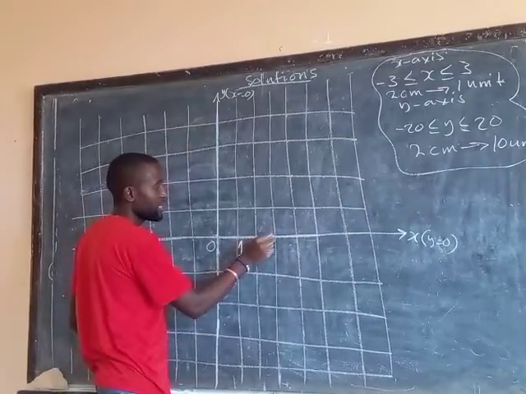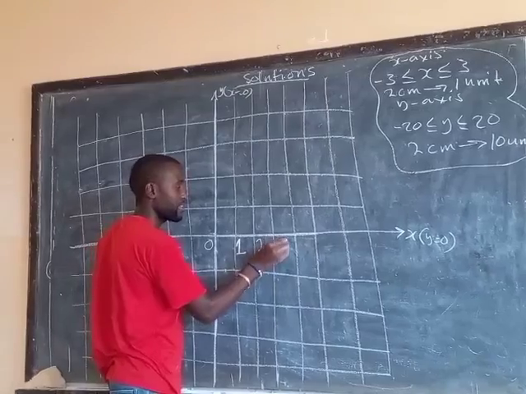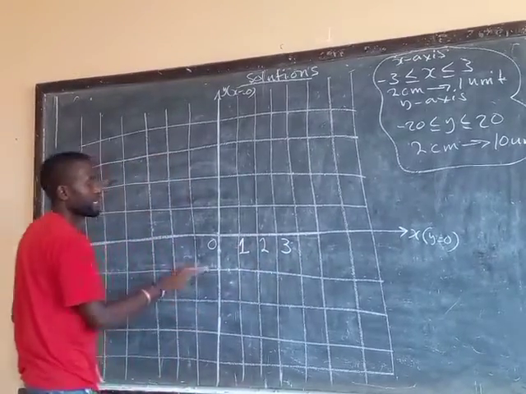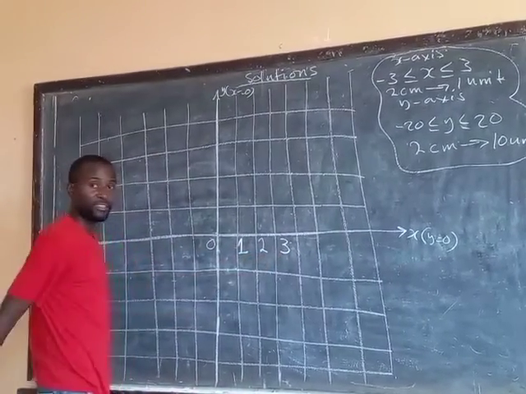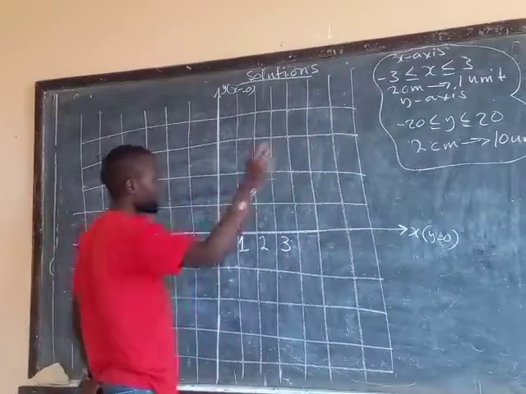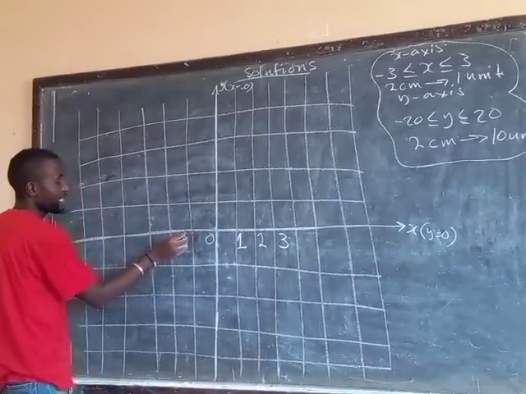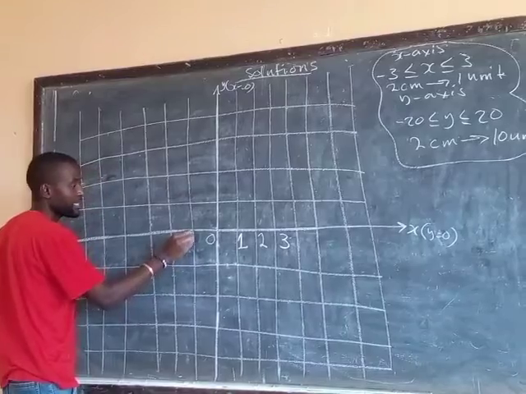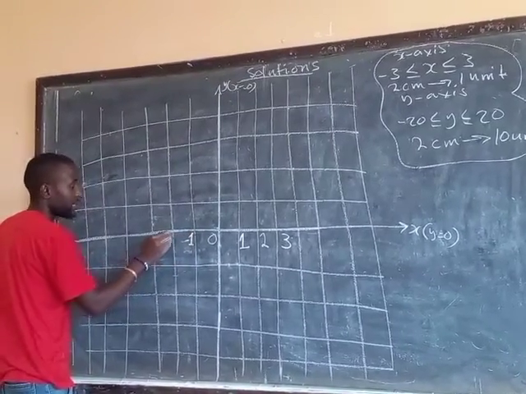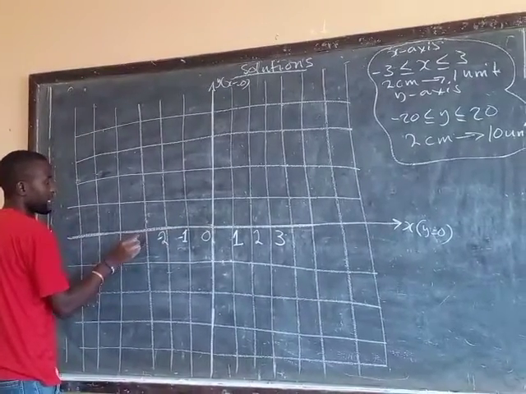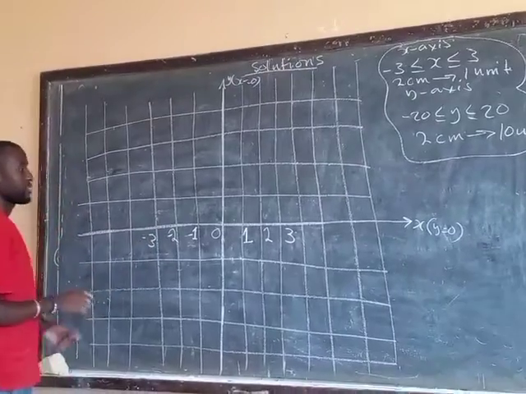From here to there is 2 centimeters, so I write 3. So my graph is 1, 2, 3, which they told me I should reach for 3. And on the negative side I go -1, -2, -3. This is my graph.